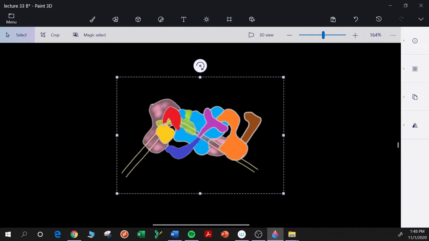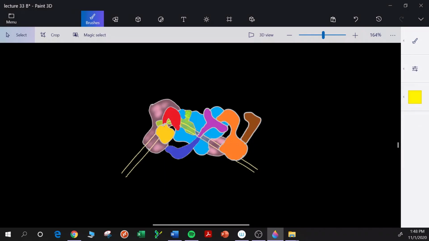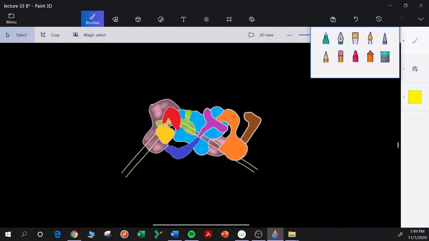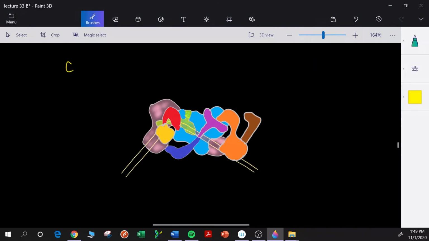Okay, so here we go. This is the closed PIC. Closed PIC. Now here is TF2E, bound just upstream of the +1 site. And then here is TF2H.